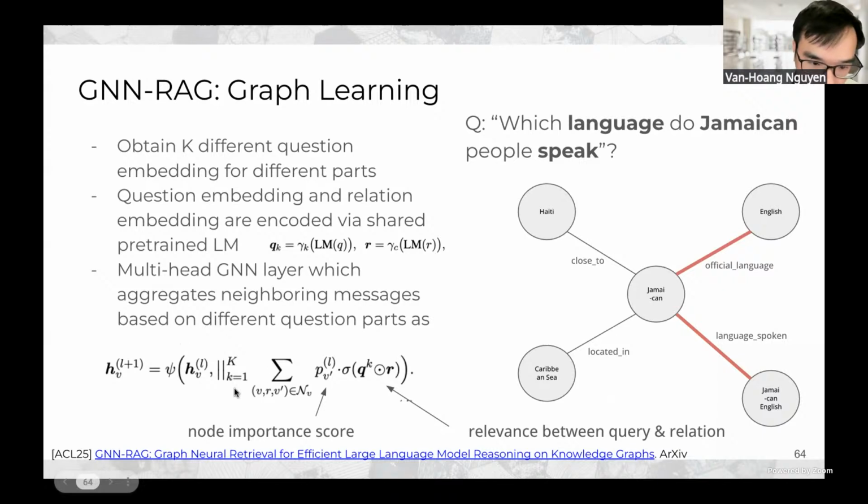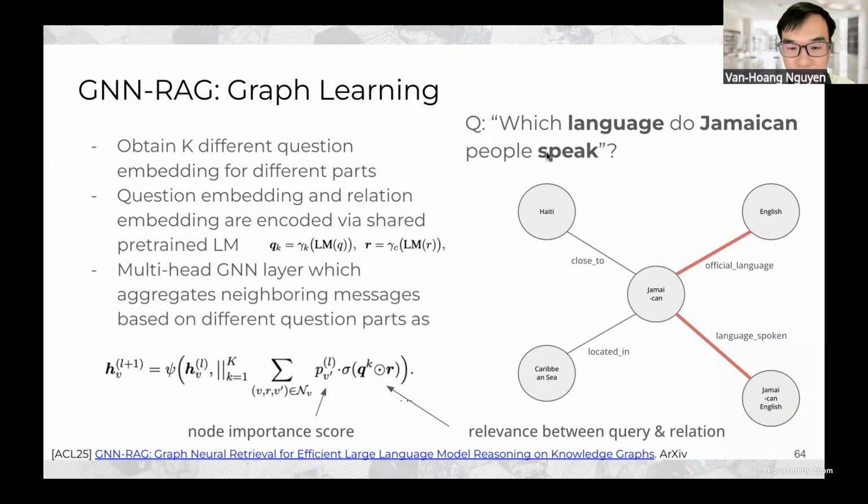And it also depends on the message here, which basically measures the importance or the strength of the neighboring nodes with the node that we are considering. And this message consists of two parts. First is the node importance score, and second is the relevance between the query and the relations.